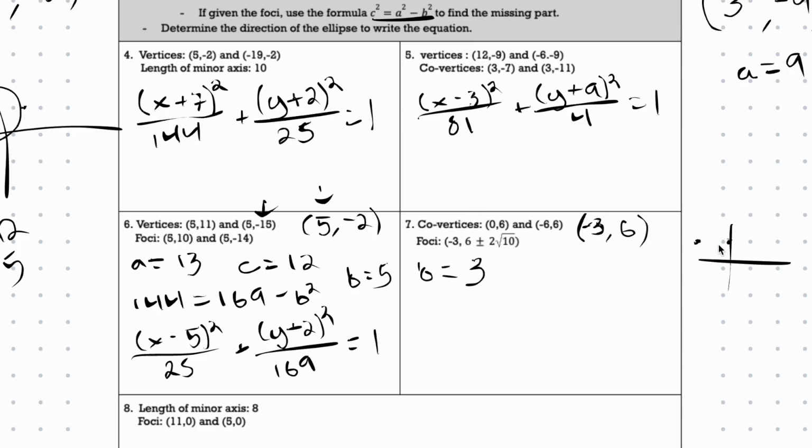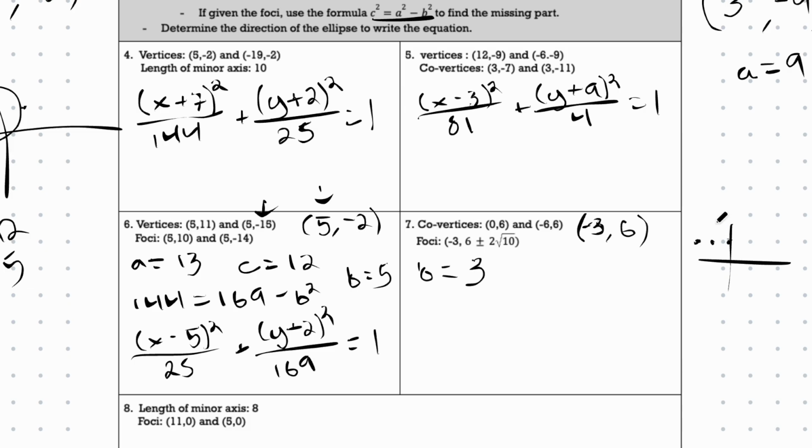And our foci are going to be along our major axis, which is going up and down this way. And we see that's equal to 6 plus or minus 2 root 10. And so essentially what we can do from there is we can say this point is -3, 6, right? This is our center.